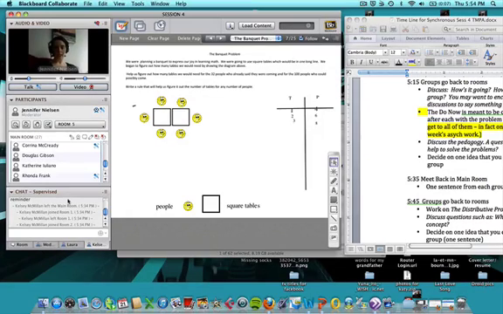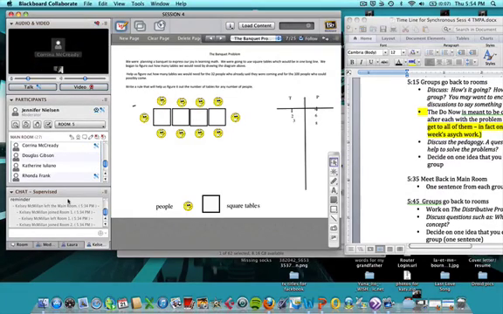So let's see what happens if we keep going with the tables. We may not be able to get all 32 people around the tables, but at least we can start to see what patterns are developing. Does anyone else want to do tables? And I can do a couple more.